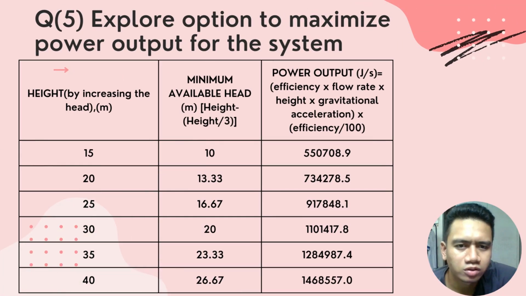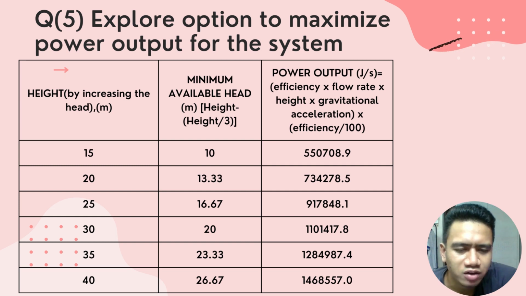For the last question, question number 5, which is to explore the option to maximize power output for the system, we just need to increase the head, which is the total height, total head.